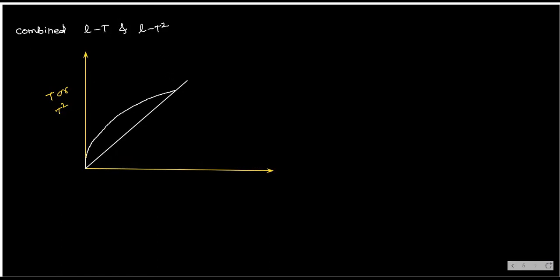If you see the point of intersection, L is equal to 25 centimeter here, and T is equal to 1 second.